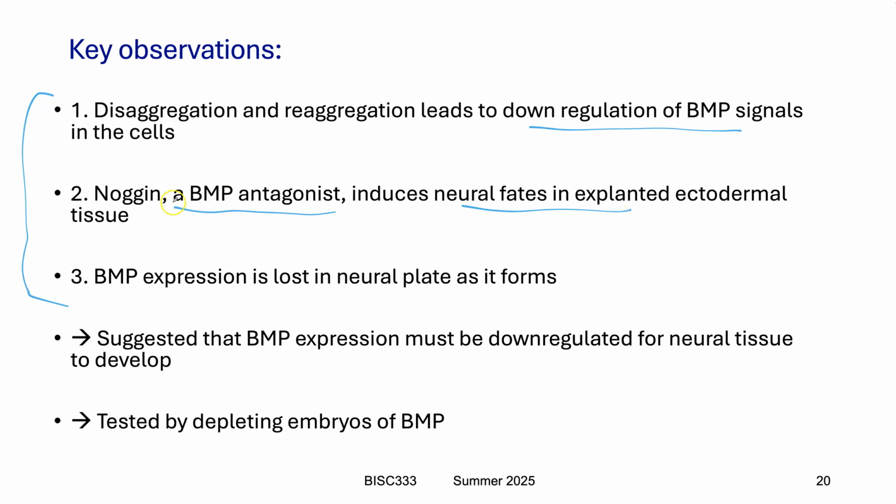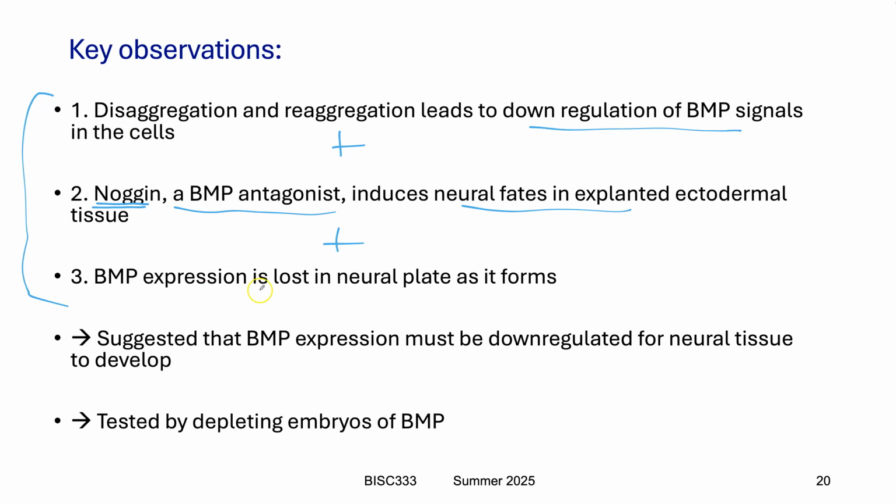Now, this alone isn't enough, but when you add it to the other pieces of evidence, it's compelling. Because remember, lots of different molecules, when tested, could induce the neural fates. So it's the combination of that information with the other two.